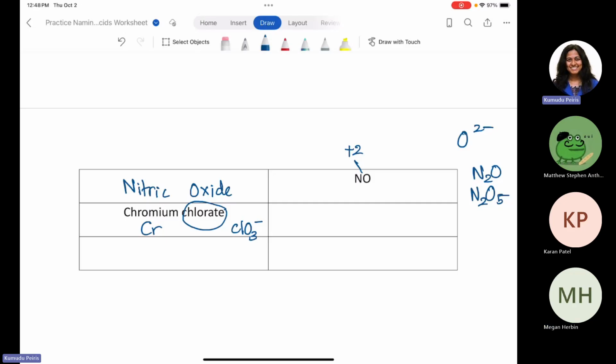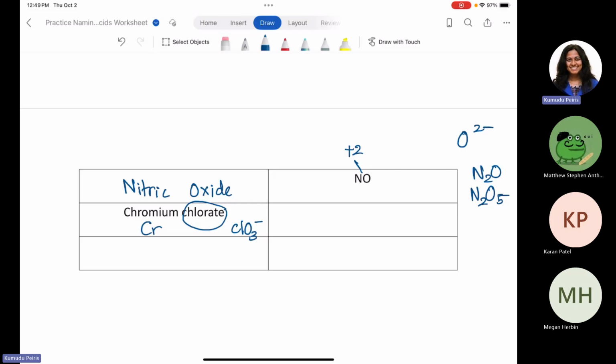Hold on. We must know what the charge of the chlorate ion is. Actually, the name sounds wrong to me.